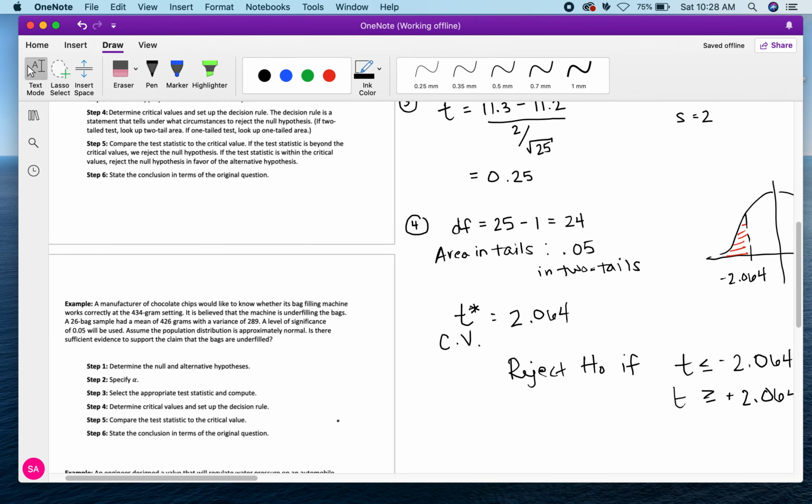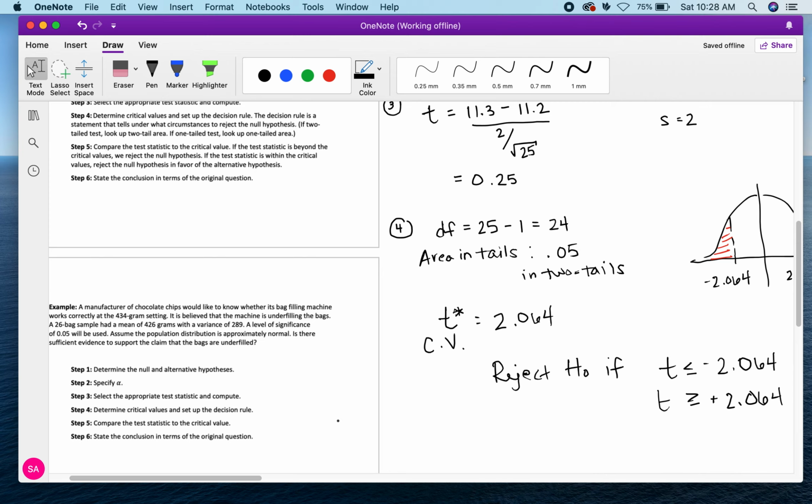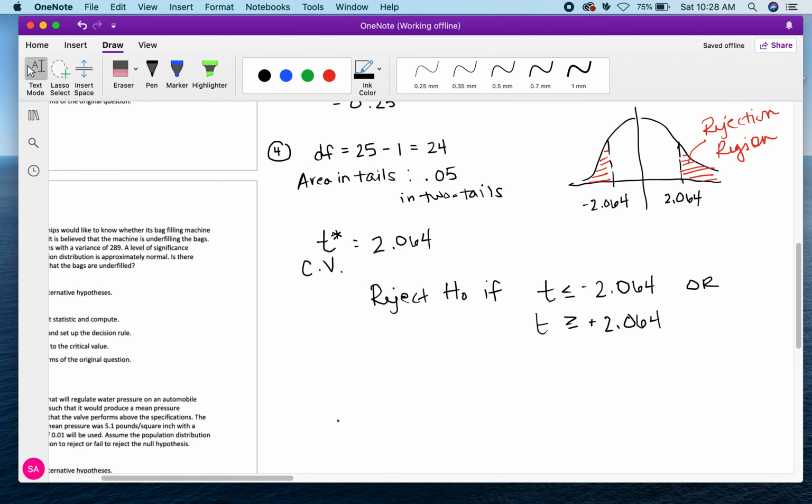Step 5 then is actually to compare. Look at our test statistic, look at our critical values, see what's going on, and we'll be able to make our decision. So step 5, our T was 0.25, right? So is 0.25 less than or equal to negative 2.064?